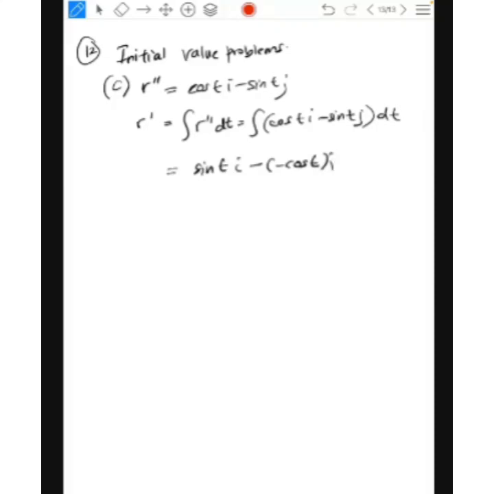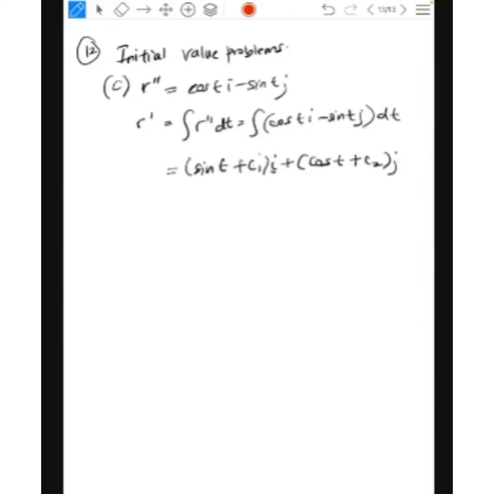As I mentioned before, you have to plus C1 and C2. Plus C1 for i, and then for j, integrate sine will be negative cos, and the negative becomes positive, so cos t plus C2 j.